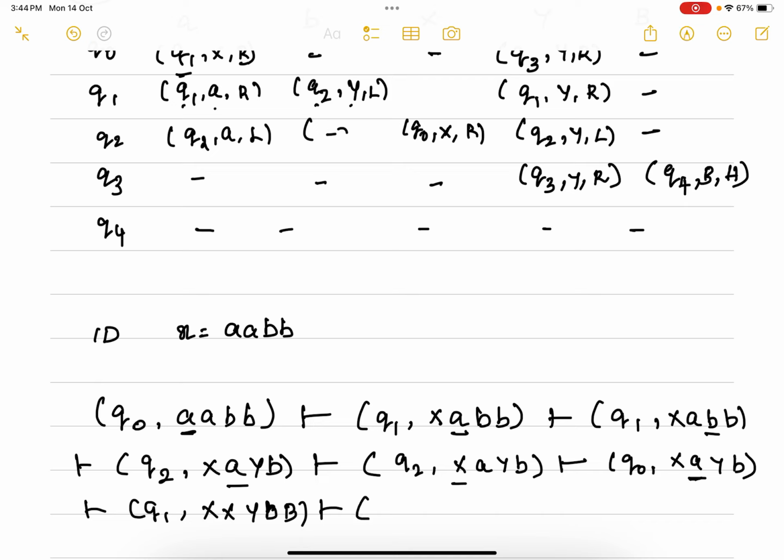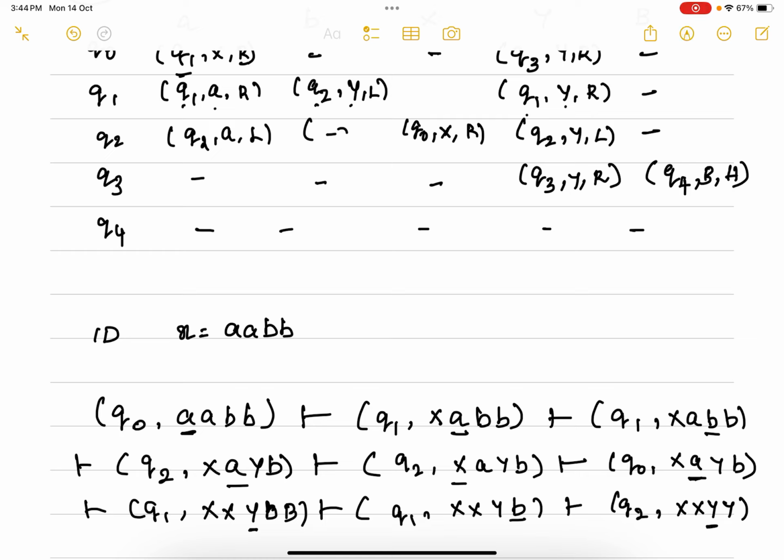Now the header is on y. Now Q1 reads y. In Q1 you remain in the same state, replace y with y and move right. So x x y b. Now from Q1, b comes, you move to state Q2, replace it with y and move towards the left.